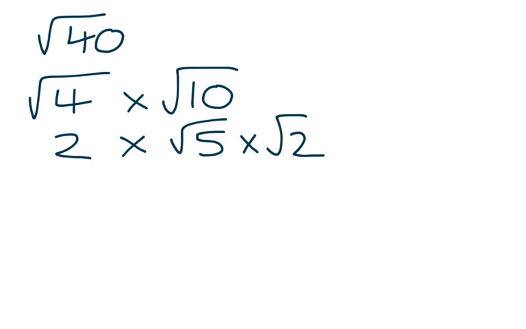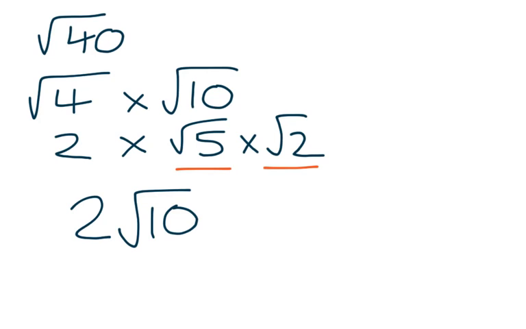But look what happens here. Am I getting anywhere by changing root 10 to root 5 times root 2? I'm not, am I? So I'm going to leave that a little bit neater as root 10. So my final answer is 2 root 10.